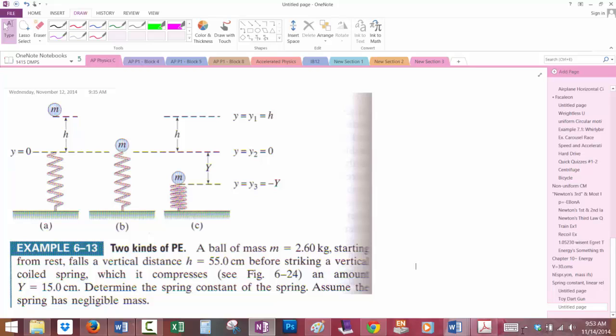Okay, so if it's defined by mgh, and you're telling me that h is equal to 0 at the floor, then what? It starts out 55 centimeters. What were you going to say?